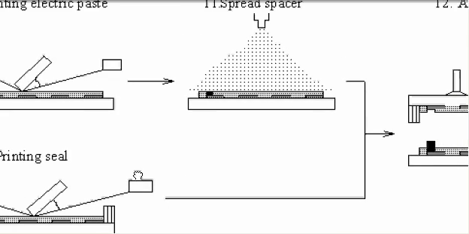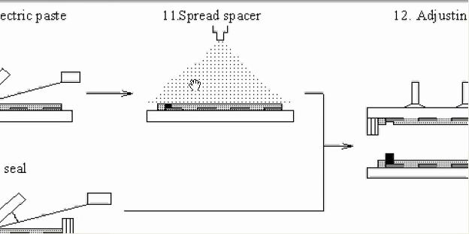And then we will spray spacer. Spacer is some kind of plastic particles with a very uniform diameter. So in that case, we can keep two glasses with a very uniform gap.